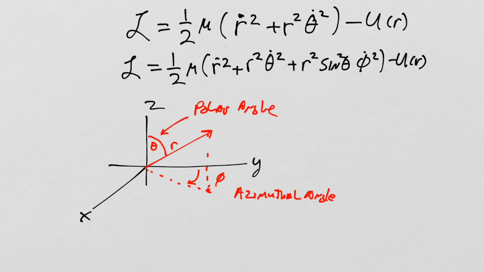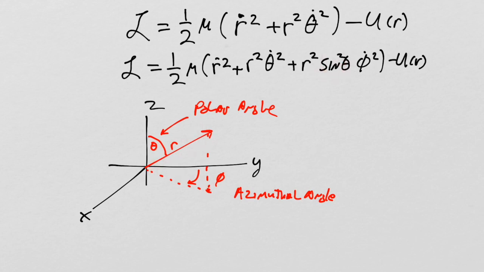I don't know if those are absolutely universal phrases, but you can actually see how this sine theta comes in. In order to get a velocity with respect to a change in the azimuthal angle, you're talking about the sweep of this projection of the overall vector, and that projection introduces this sine theta term, which reflects the projection of this vector on the xy plane.